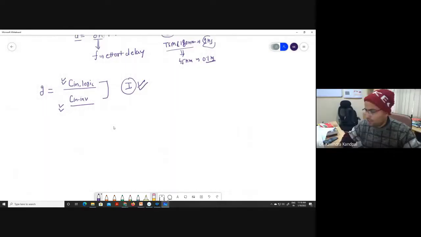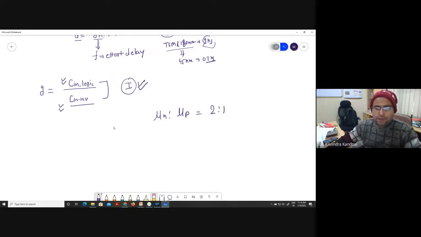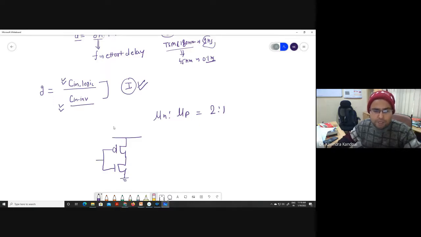I told you, for example, if you want to design a standard inverter, if mu n raised to mu p is 2 raised to 1, then you define your standard inverter like this. Mu n raised to mu p basically tells you holes are the carrier for the PMOS. So PMOS is effectively 2 times slower compared to NMOS.